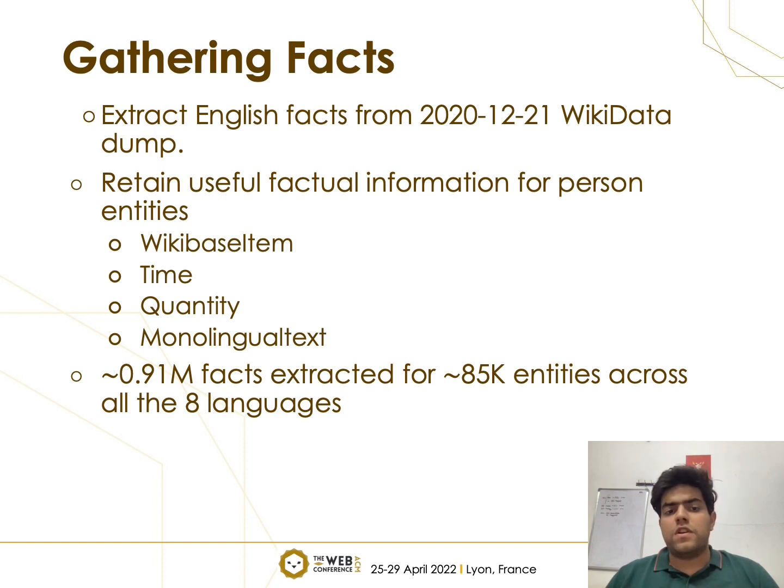We retain useful factual information for every entity that we find in our dataset from different languages. And finally, we end up extracting around 0.91 million facts for 85,000 entities across all.